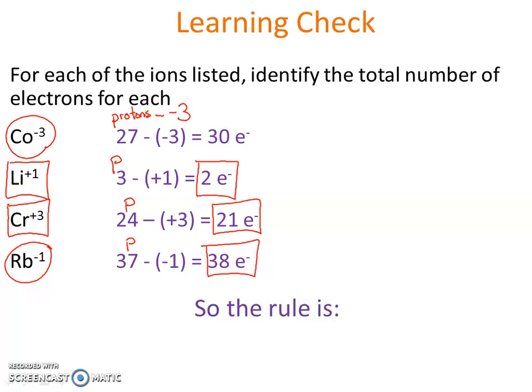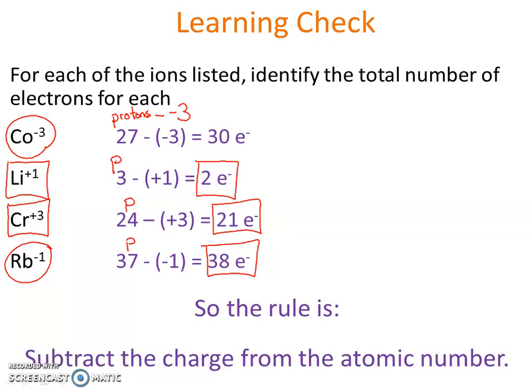So the rule is, subtract the charge from the atomic number. In other words, the atomic number minus the charge equals the number of electrons.